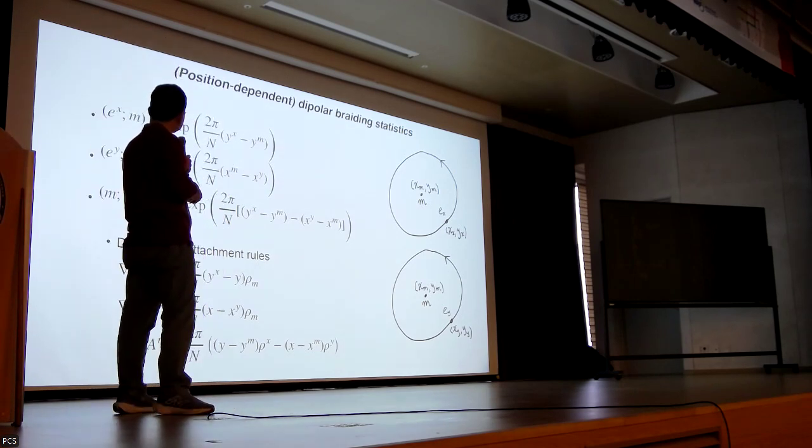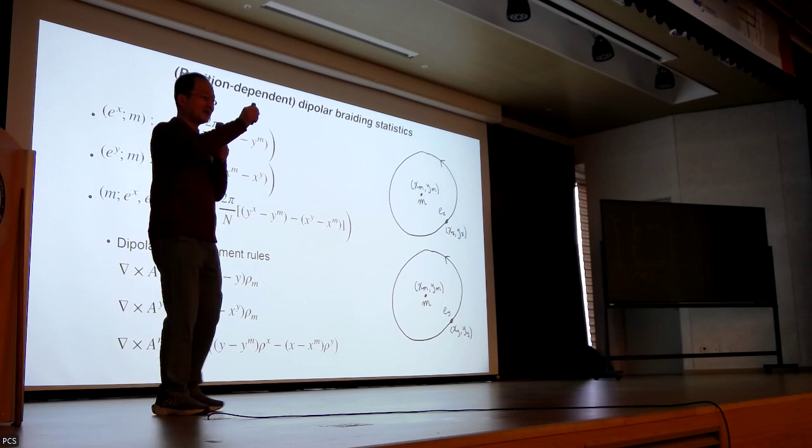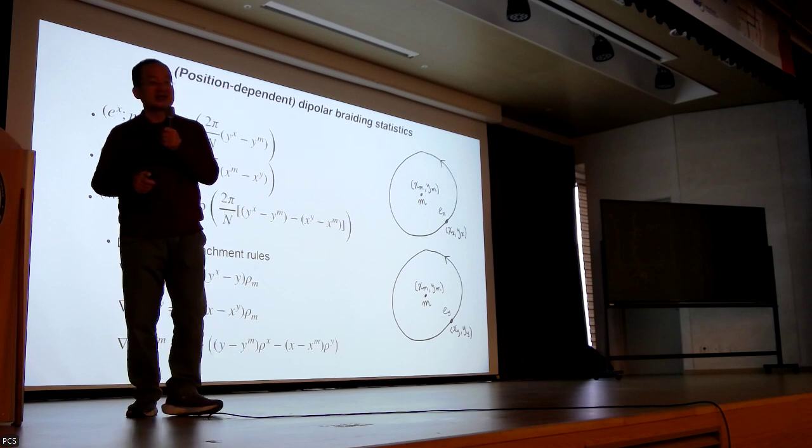However, now I have this 2π/n multiplied by the coordinate difference, and that's the coordinate difference between these two particles. This particle is the one doing the braiding, while the other particle is just sitting there without moving.